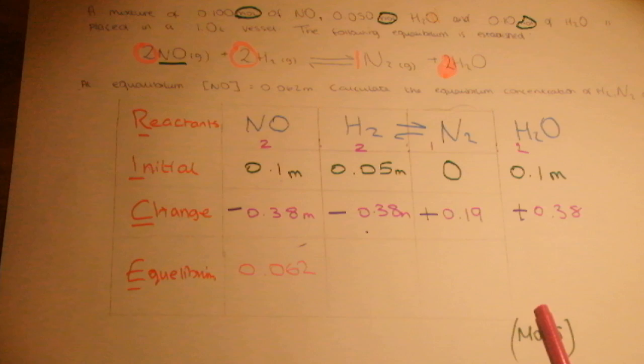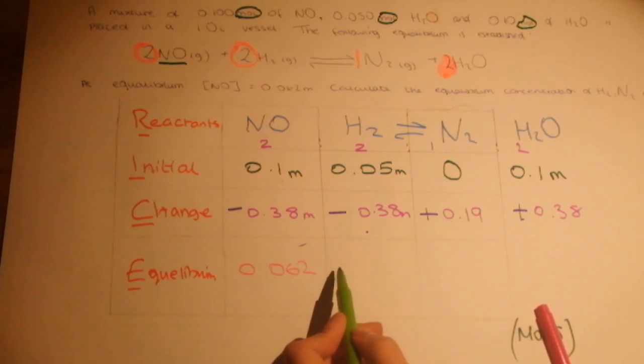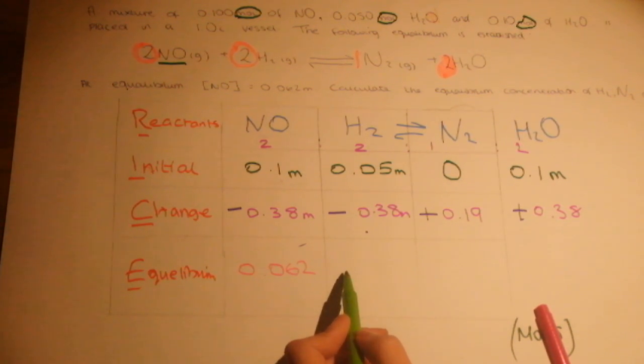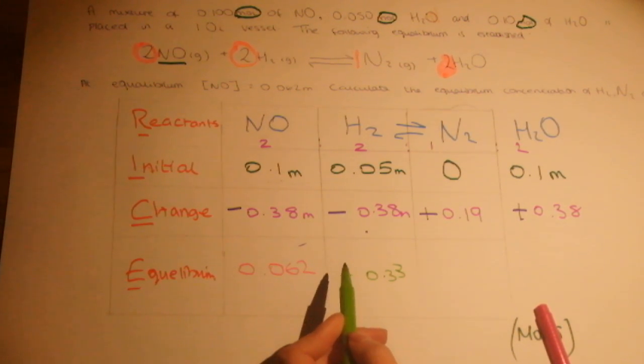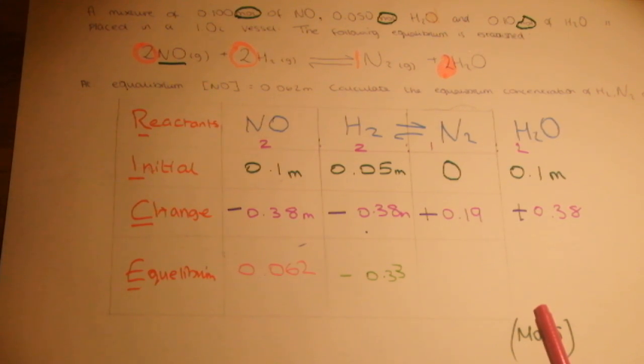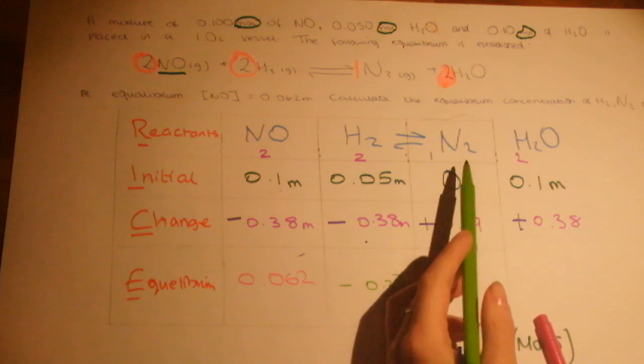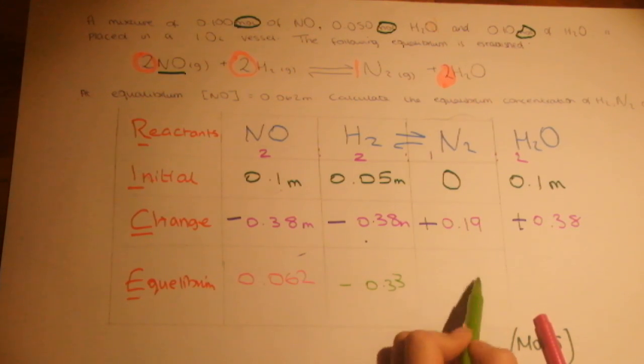So that's just 0.05 take away 0.038, and that equals, I've done that the wrong way around. And then we do the same for N2, for nitrogen. So that's obviously just 0.019.